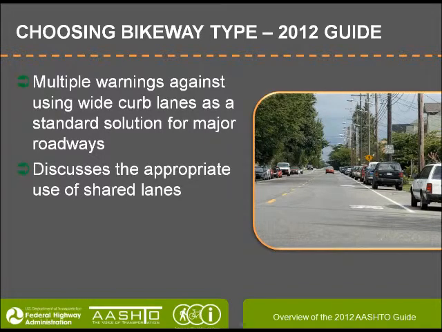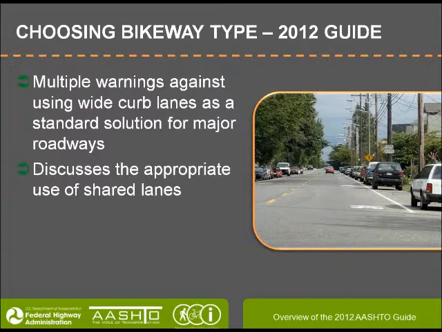Another thing that is covered by the guide is there are multiple warnings in the 2012 guide against using wide curb lanes as a standard solution for major roadways, because we know that bicyclists don't always feel safe in those types of facilities.